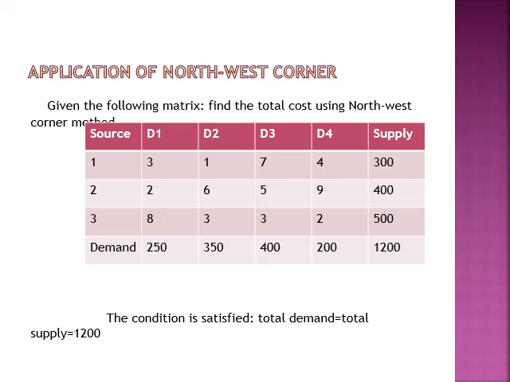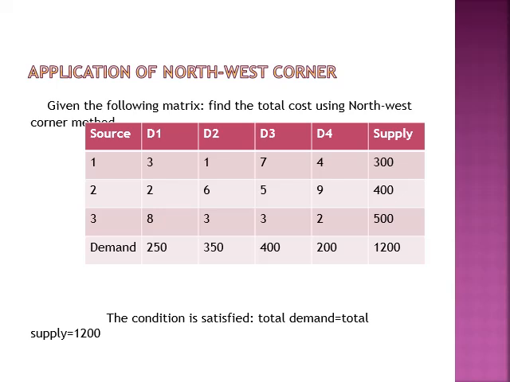Here still D3 wants 300. We will cancel source 2 and we will move to row 3.